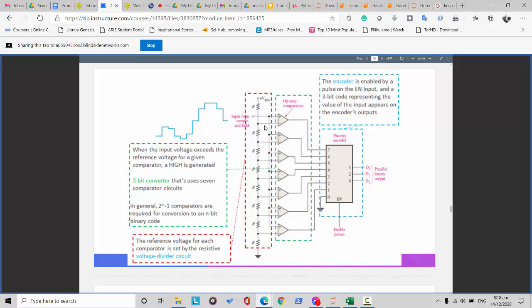In this example, we are using a 3-bit converter which uses 7 comparator circuits. So how many op amps do we have here? 7, right? In general, 2 raised to n minus 1 comparators are required for conversion to an n-bit binary code.